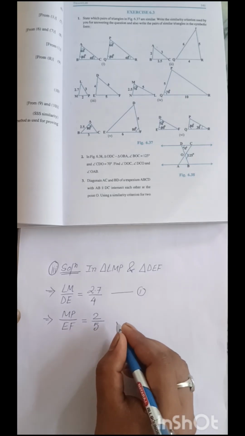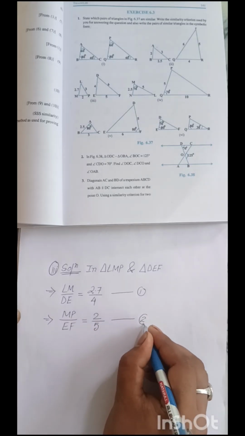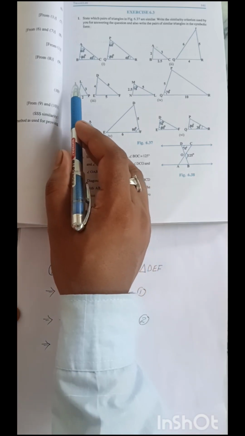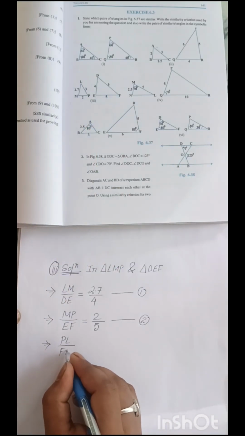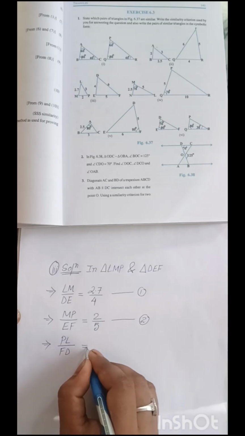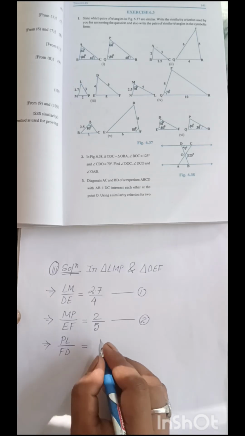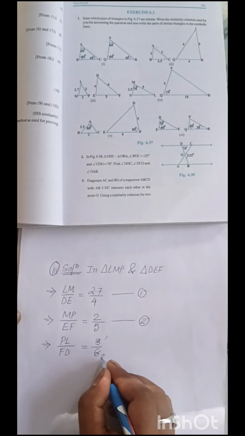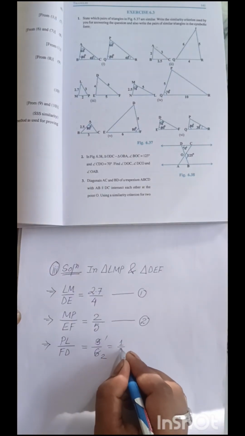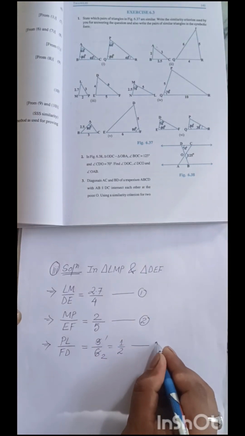Call this equation number 2. And now the third side, PL by FD. The value of PL is 3 and the FD value is already given in the figure, 6. 3 1s are 3 and 3 2s are 6. So 1 by 2. Call this equation number 3.